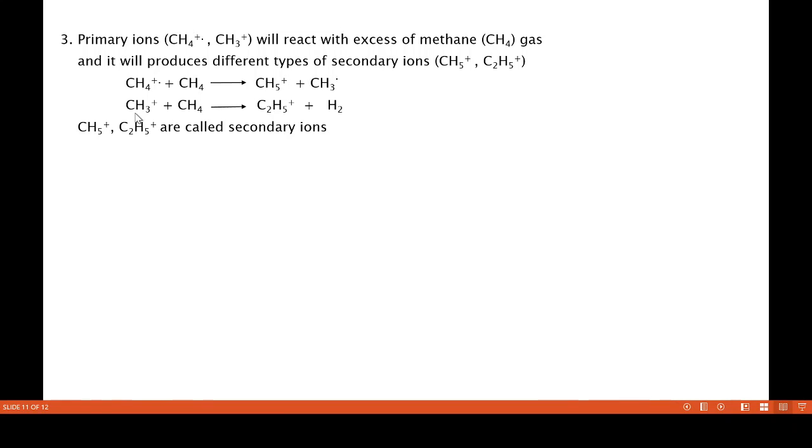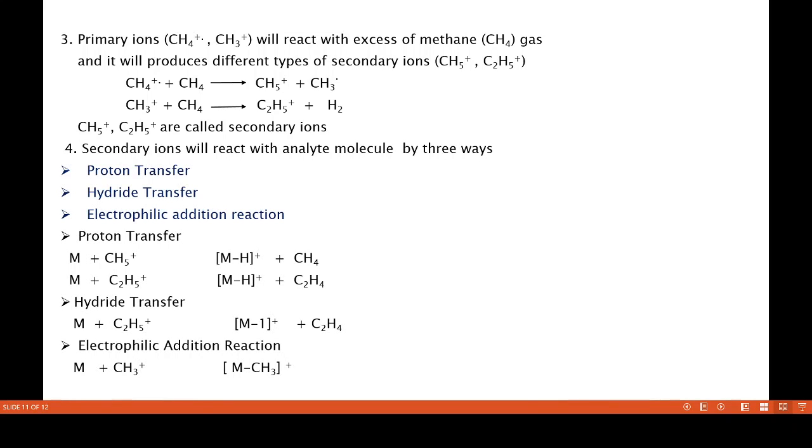Another primary ion, CH3 plus, reacts with the excess methane gas and produces C2H5 plus ion plus H2. These two, CH5 plus and C2H5 plus, are called secondary ions. So in the third step there is a formation of secondary ions.